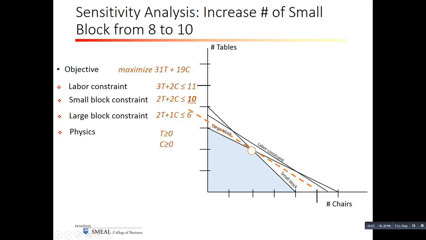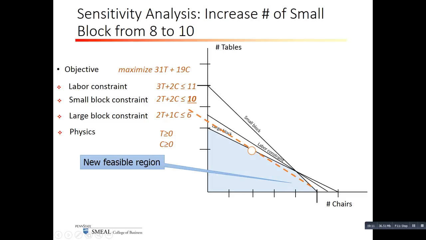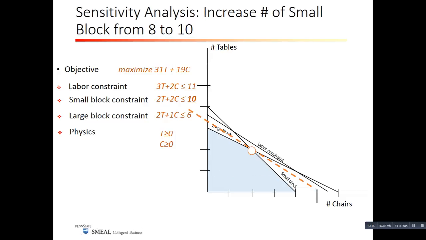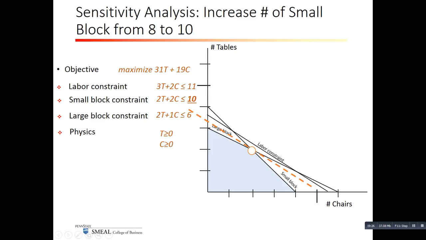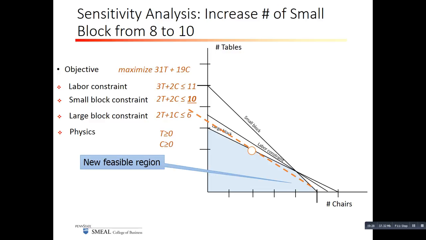Let's look at another sensitivity analysis. Change the number of small blocks from 8 to 10. This is the original constraint for small blocks. If you increase the amount, the small blocks constraint shifts up, because now you have more small blocks.